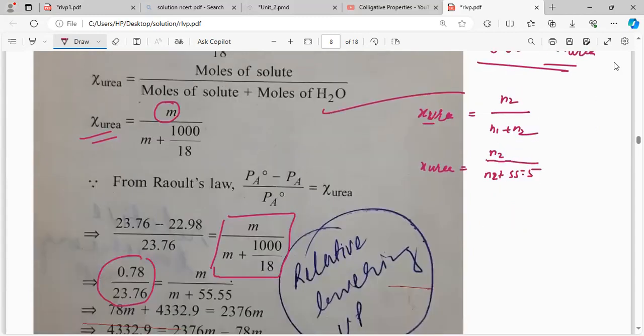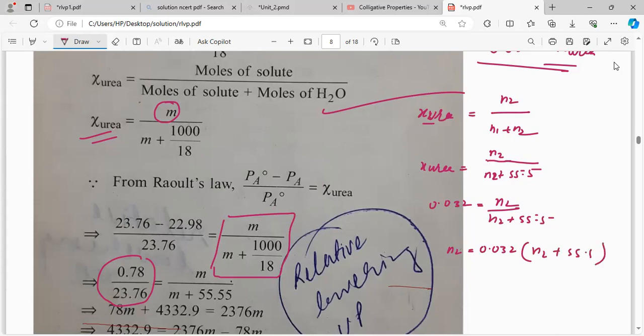Yes. So here you see what we can do. Solving this, the total mole fraction of urea is 0.032, which is equal to N2 upon N2 plus 55.5. So N2 is equal to 0.032 in bracket N2 plus 55.5.